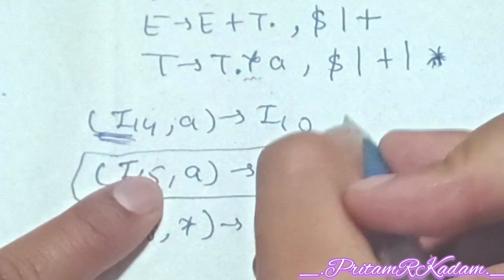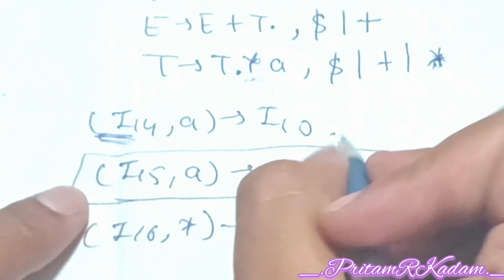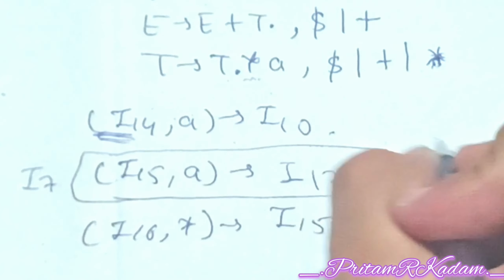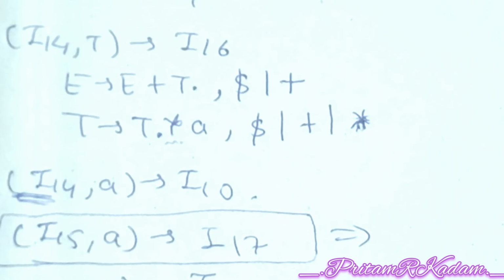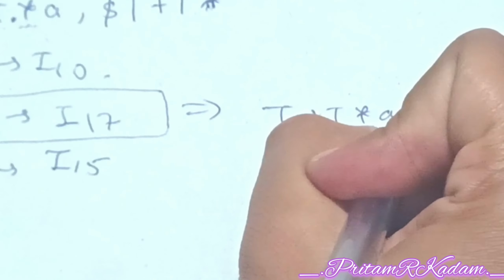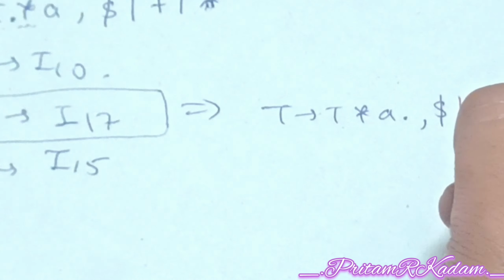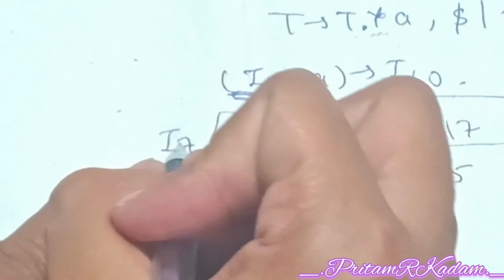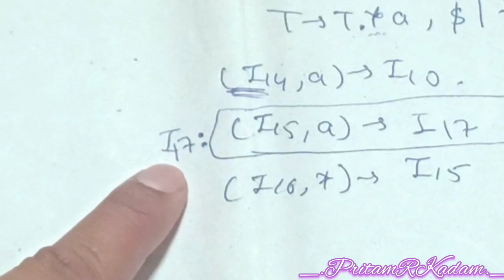It will give me I17, which will have the production T gives T star A dot, and look ahead as dollar, plus and star. Let me just correct this, it is I17.